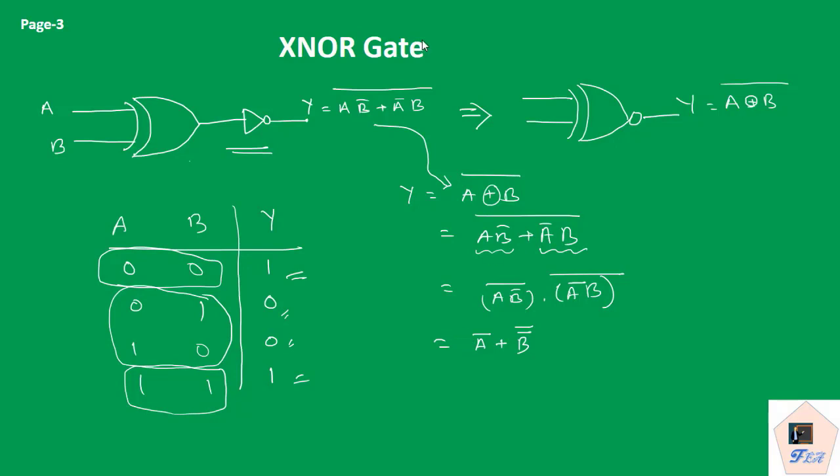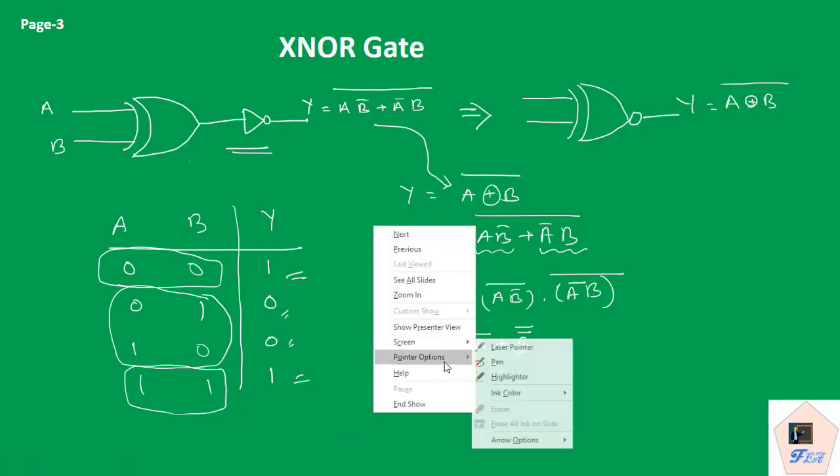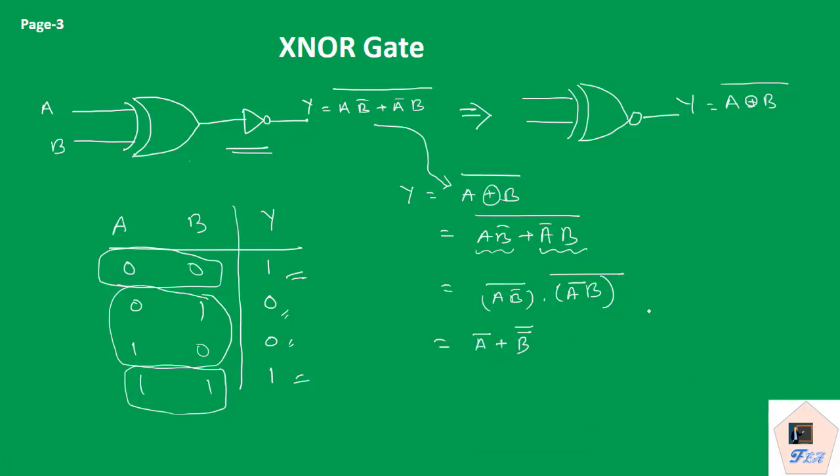Similarly we can further decompose the next term, that is (A bar B) whole bar. Applying the same concept here, A bar is already A bar, so we'll be getting A double bar plus B bar. Now what is this concept of double bar?